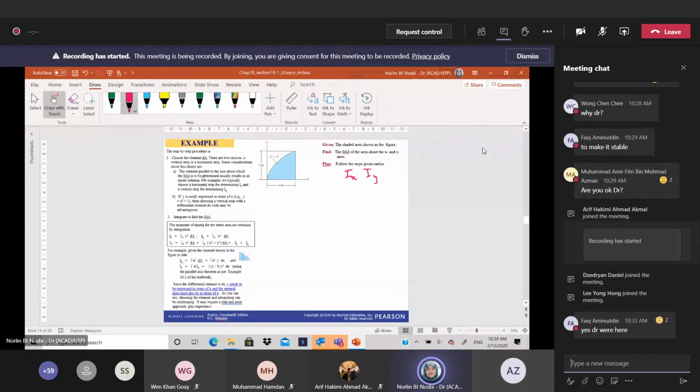The first one, you need to choose a vertical or horizontal strip. So in this situation, which one is much easier?